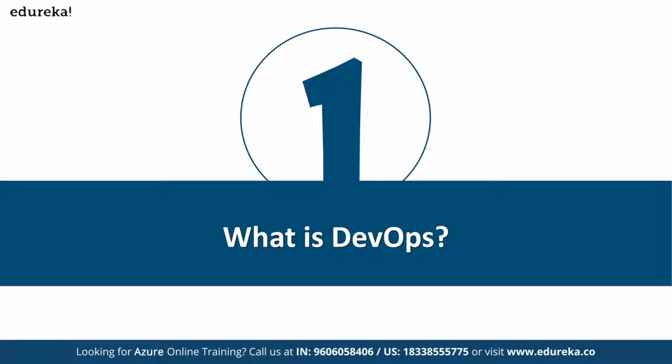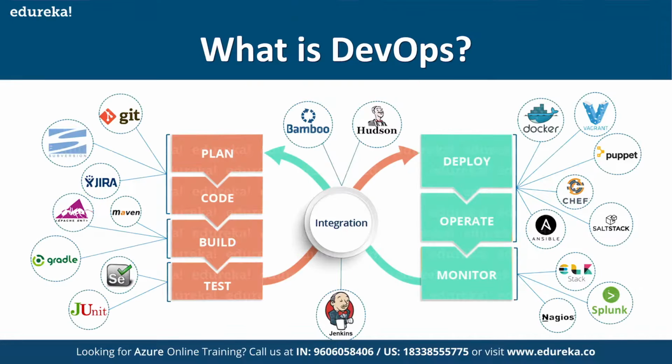What is DevOps? DevOps is in the name itself, you see it's Dev and Ops, the D and O capital letters. We can straight away say it is development and operations. So it's a combination of practices and tools designed to increase an organization's ability to deliver applications and services faster than the traditional software development process.